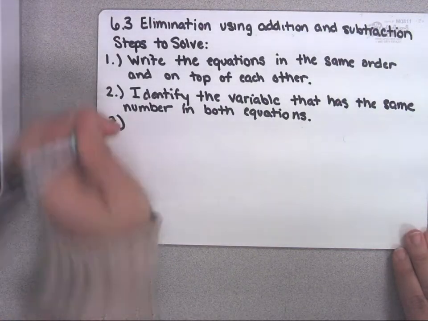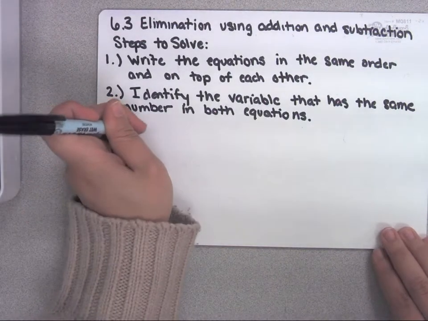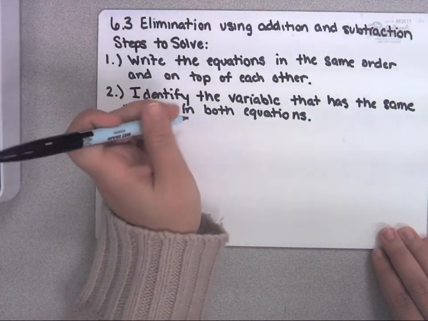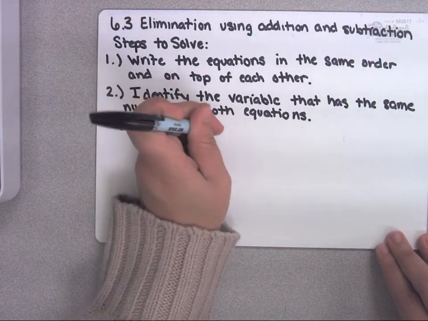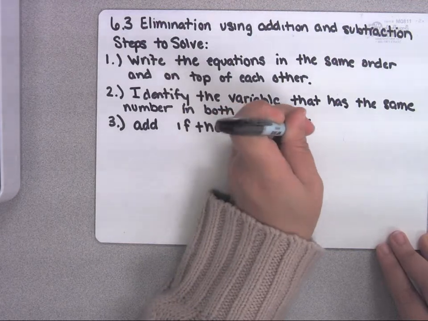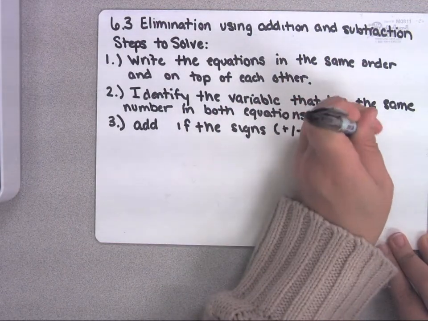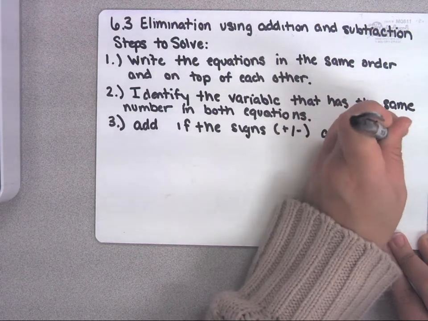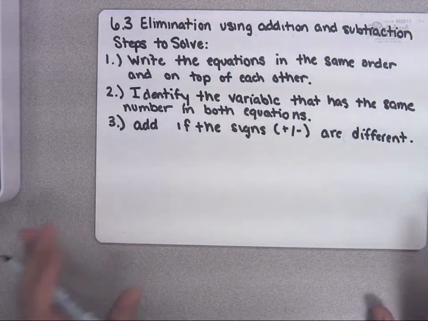Step 3, this is the new thing. You're going to add if the signs, so we're talking about positive and negative signs, right, are different. That means one of the two x's is positive, one of the two x's is negative.